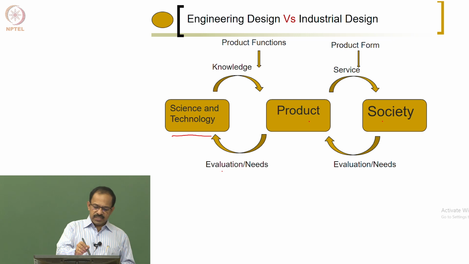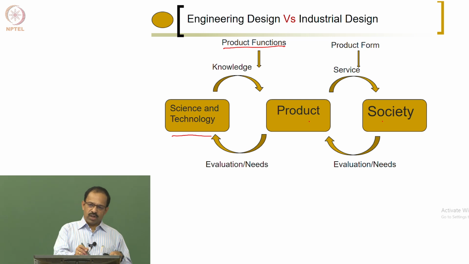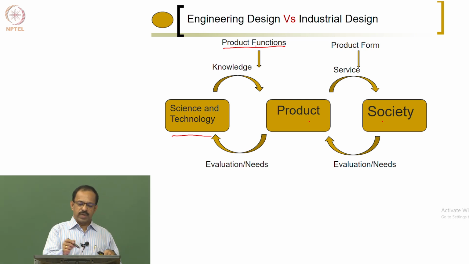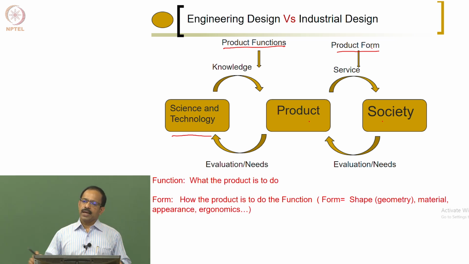So this part is basically what I actually discussed with the product functions. That is, the functions needed in a product can be developed through technology. So you can develop new technology to meet the product functions, and the product form is basically how do you make sure that this actually meets the customer's requirement. So you have the function and the form.